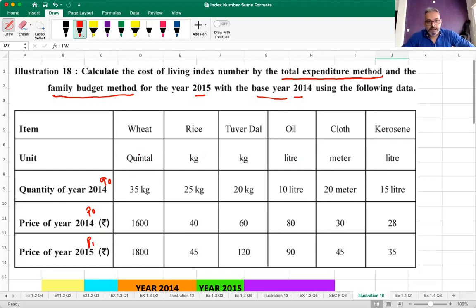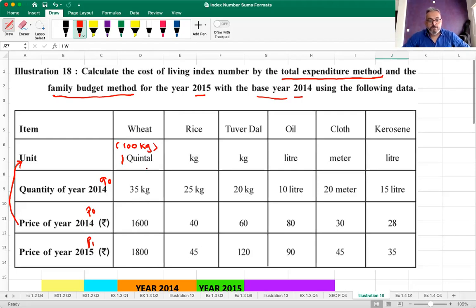Now tell me, this unit is for what? It is for prices of various years. So if you want to buy 1 quintal in year 2014, this price is of this unit, then you have to pay 1600 rupees. Now, what is quintal? 1 quintal is equal to 100 kg.